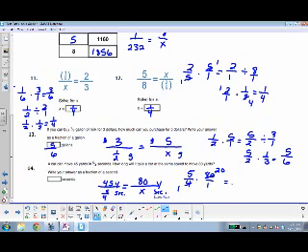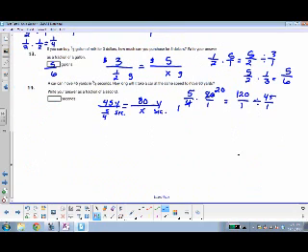So then I'm going to have 5 times 20, which is 120 over 1. And then we're going to divide that by 45, or 45 over 1. So I'm going to then rewrite this as 120 over 1 times 1 over 45.